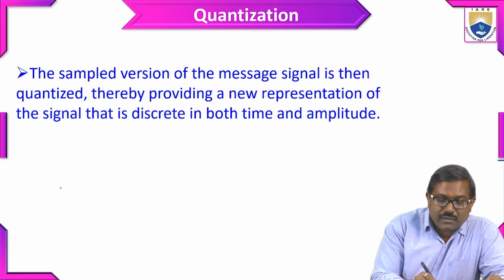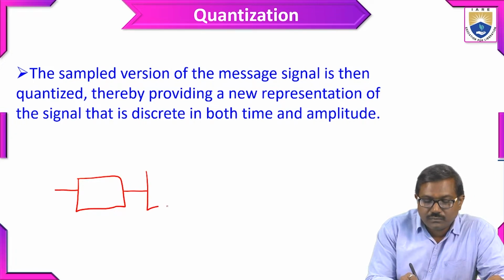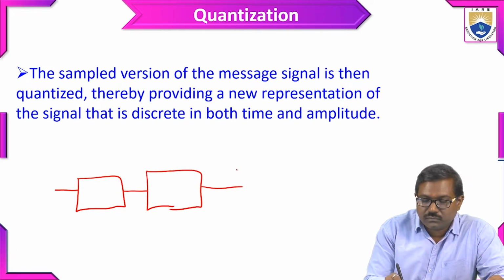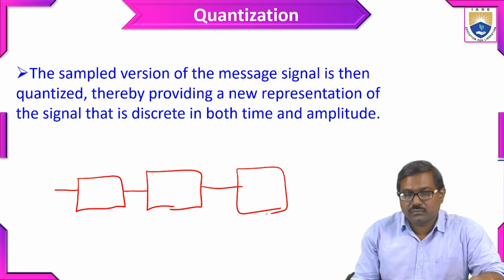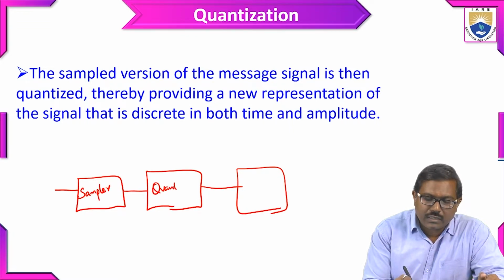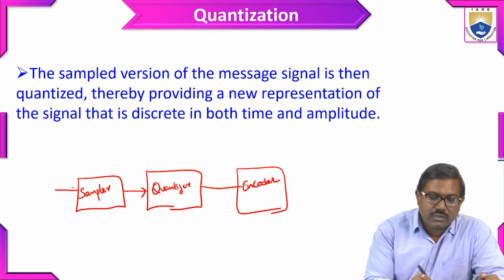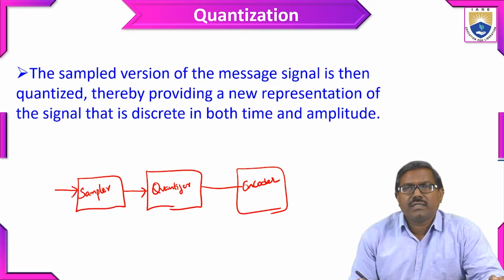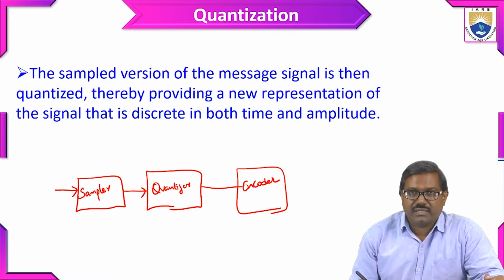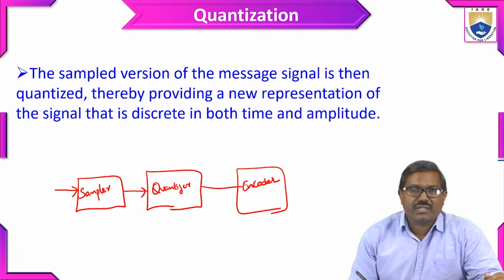So let us see the blocks. This is the sampler, this one is the quantizer, and this one is the encoder. What is the input of the sampler? It is an analog signal. Here my source is producing analog information.